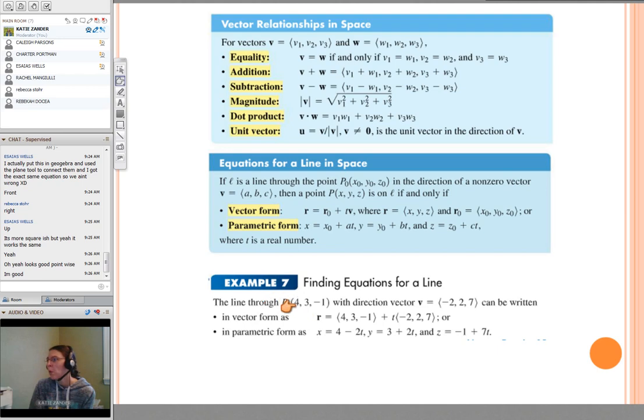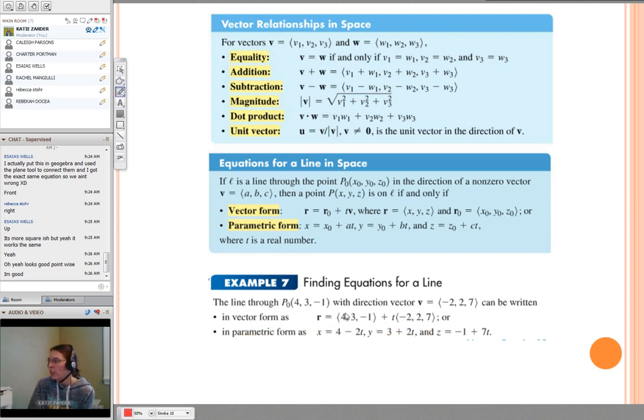So if we have a point here, and it's going in the direction of vector v, then we can write the vector form using that point, 4, 3, negative 1, plus t times the vector that it's going in, that direction there. Okay, we can then take this form and create equations for that parametric form.